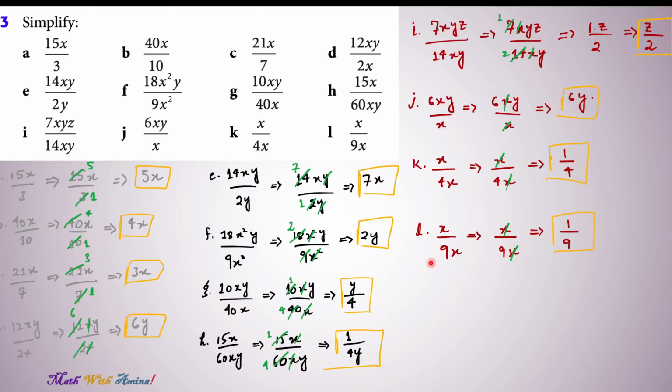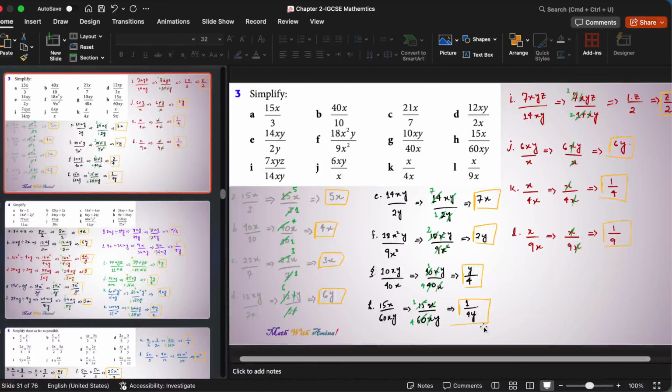The two rules, as I mentioned, are that first we look for the coefficients, or the numbers appearing in the fraction, and the second is we look for the variables in the numerator and the denominator, and we will be simplifying if possible. That's all for this question and its solution. Happy learning.